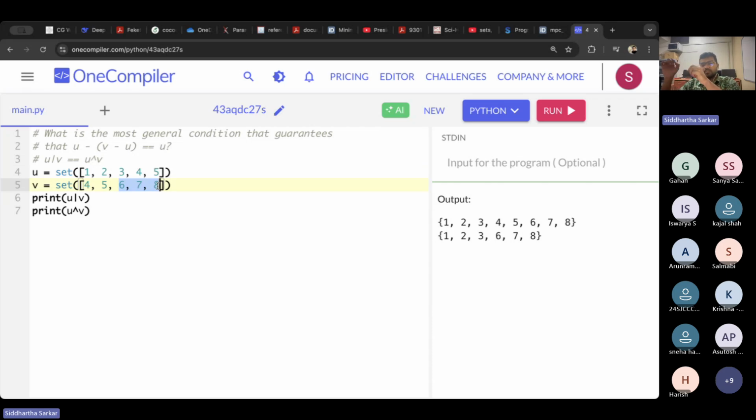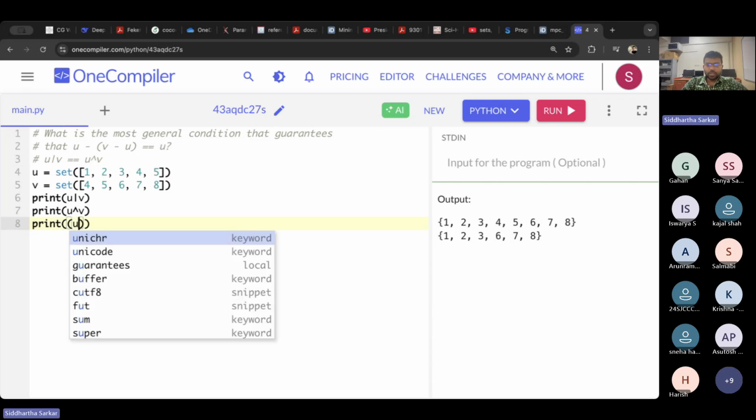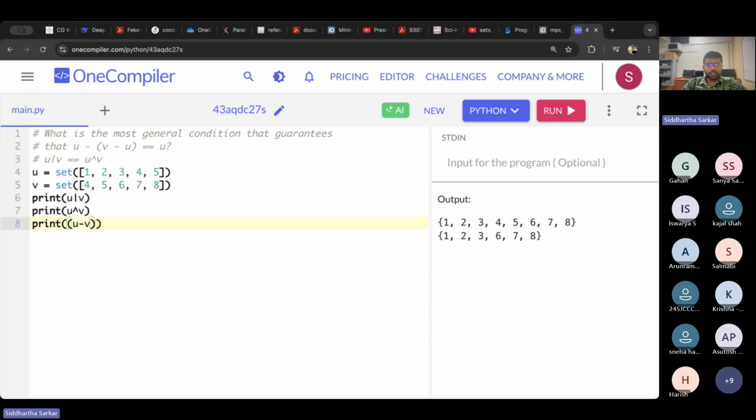That is actually U minus V union V minus U. So U caret V, you can also think of it as (U minus V) union (V minus U). These two things are equivalent.